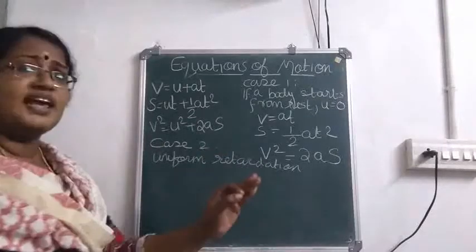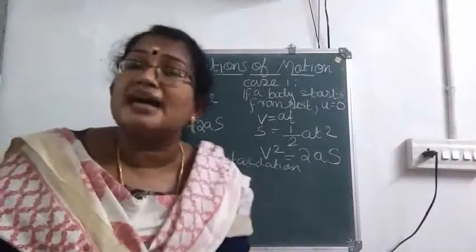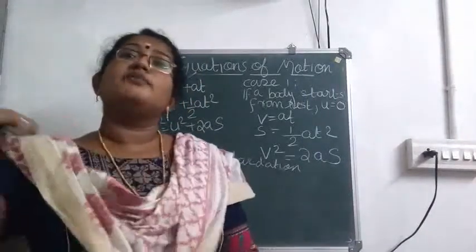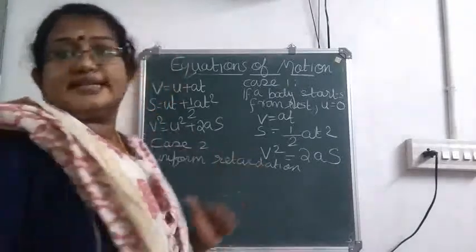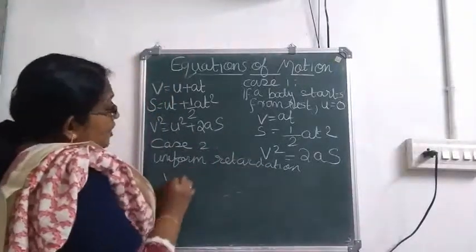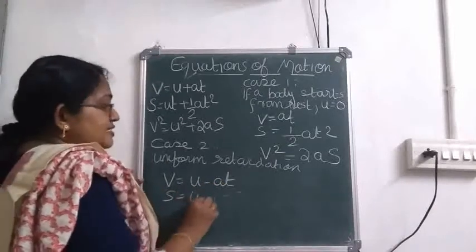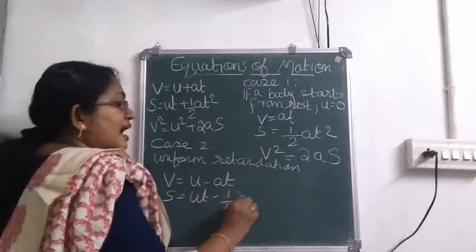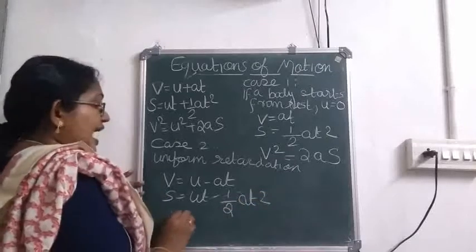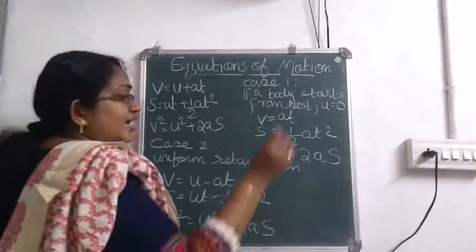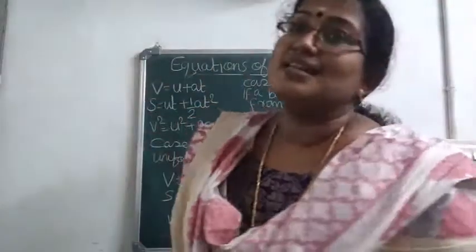So wherever a is coming, there you should put minus. So you will be getting the equations of motion for a body moving with uniform retardation. So v is equal to u minus at, s is equal to ut minus half at square, and v square is equal to u square minus 2as. So this is the second case.